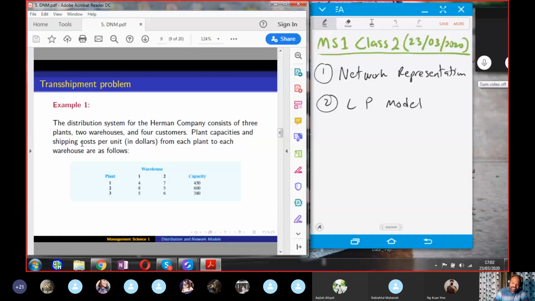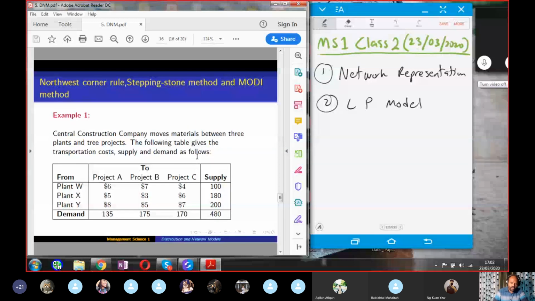In our next class, we will try to solve a transportation model, not transshipment, by using the northwest corner rule and stepping stone method. The MODI method I didn't cover because there's not enough time. It's not coming out for your final also.